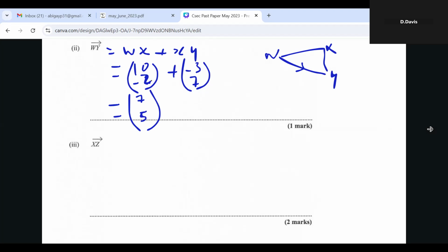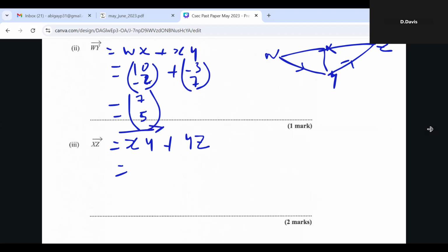All right, so here it says X to Z. So I can draw a Z out here. X to Z is going to be right there. So we can say that XZ can be XY plus YZ.